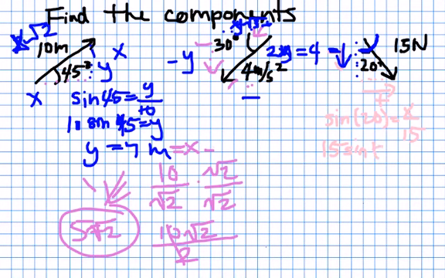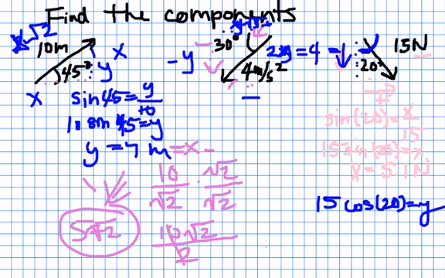There's no special triangles here, so you just have to plug this into a calculator. If you do that, x is 5.1, and this is in newtons. We haven't gone over what newtons are, but it doesn't matter. It's just in the newtons anyway. And then we need to do the y, which would make y 15 cosine 20 is equal to y.